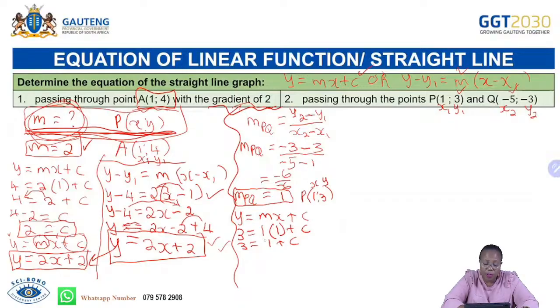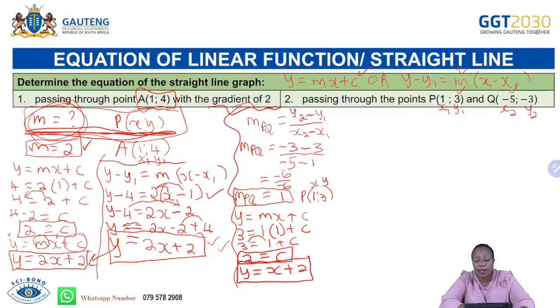We transpose 1 to this side, it's a minus 1, then 3 minus 1 is 2. So the value of c will be 2. Then the equation will be y, and we substitute gradient 1, x, and the value of c is 2. So the equation basically will be y equals x plus 2.